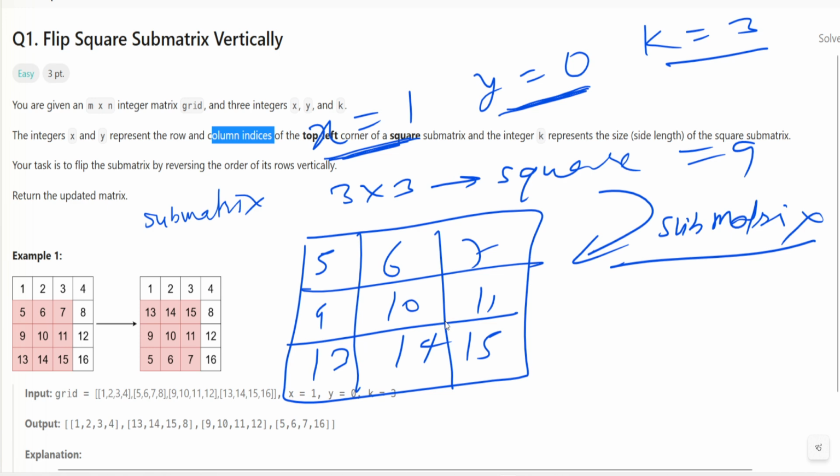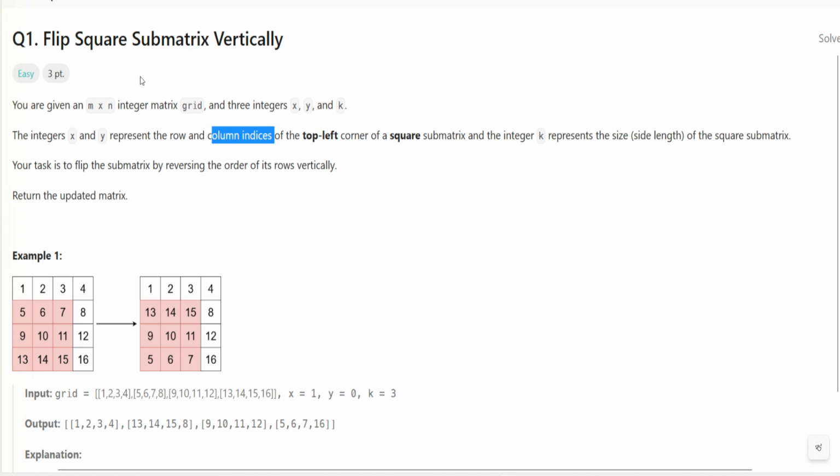Now the next part of the question says that we have to flip it vertically. Flip vertically means we have to reverse the order of rows inside the submatrix. Let me clean this up. Before the flip, what do we have?